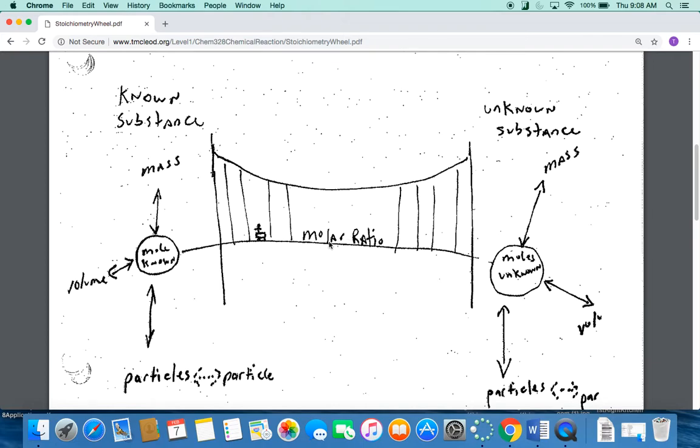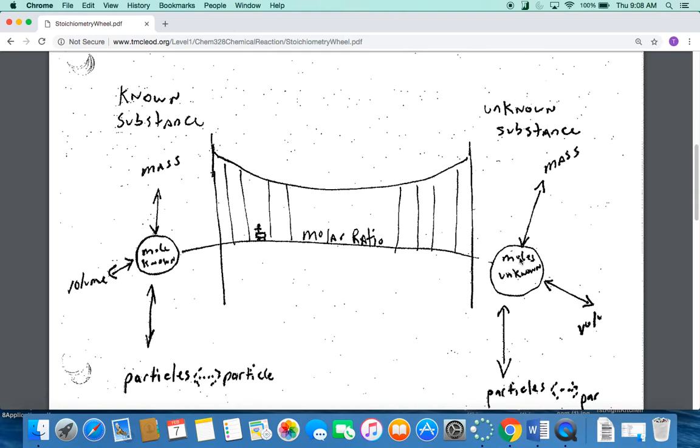And the molar ratio is a ratio of moles, and it's always the moles of the substance you know about with its coefficient from the balanced chemical reaction in front of it, on the bottom. And then on the top is the moles of the substance you're looking for and its coefficient in the balanced chemical reaction. And that will take you from the moles of the substance you know to the moles of the substance you're looking for.